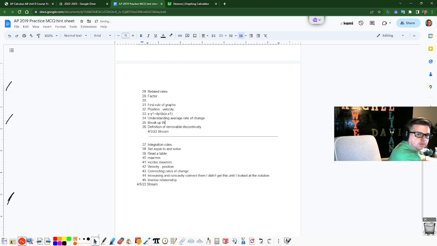This one I might even just put definition of integration. I didn't get this until I looked at the solution.